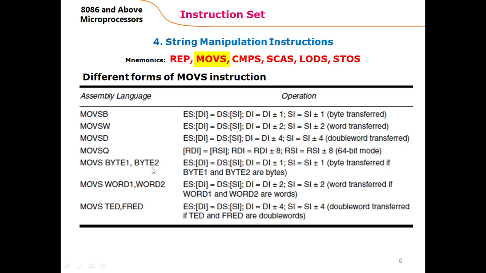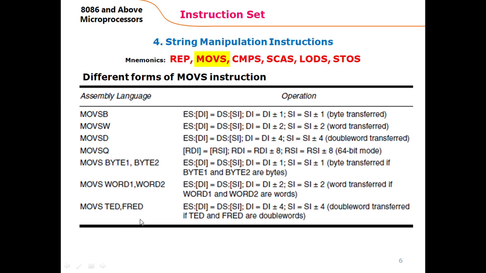If they are of size byte, then this instruction would move a single byte of data from the data segment memory location addressed by SI to the extra segment memory location addressed by DI, and after this transfer the index registers are incremented or decremented by 1. And similarly, if these operands are words, then it would move 2 bytes of string data from the data segment memory location addressed by SI to the extra segment memory location addressed by DI, and DI and SI would be incremented or decremented by 2 depending on the direction flag.